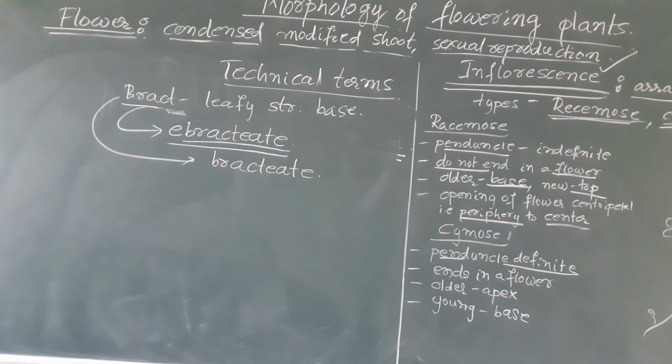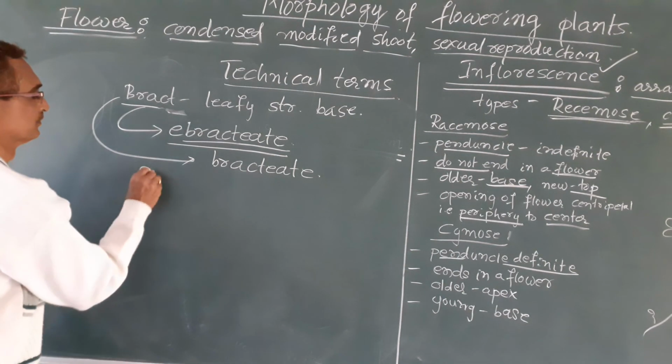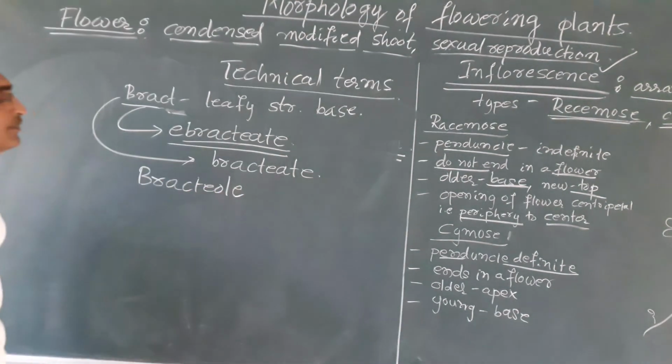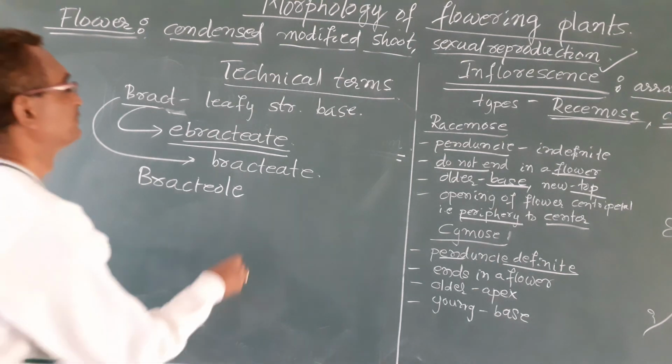And the next one is bracteoles. These are the small green appendages present above the bracts.